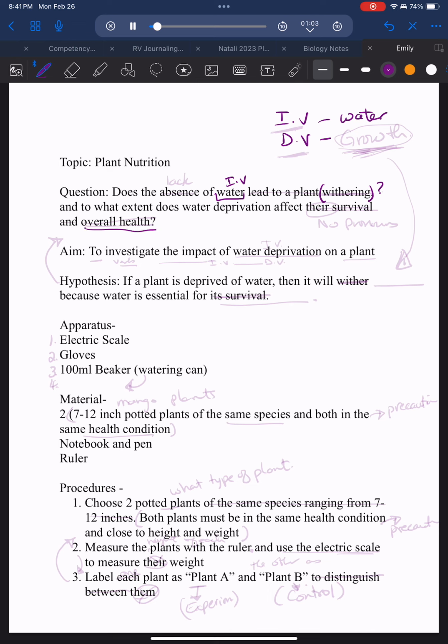How are you going to measure that? You need to find a dependent variable that you're able to measure. For example, height. For example, mass. For example, I don't know. You decide, right? So, withering will not work. Overall health also will not work.